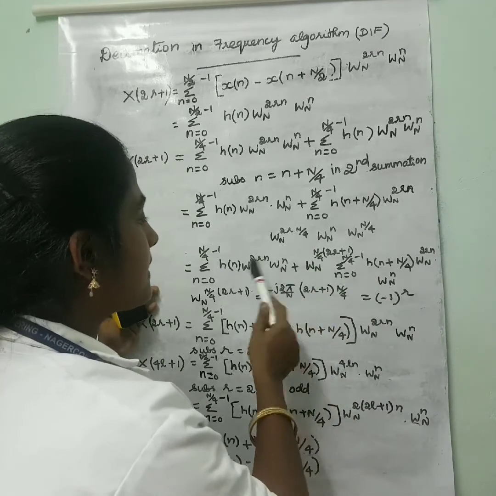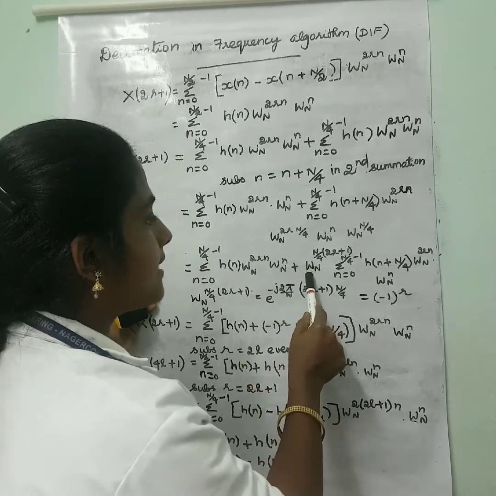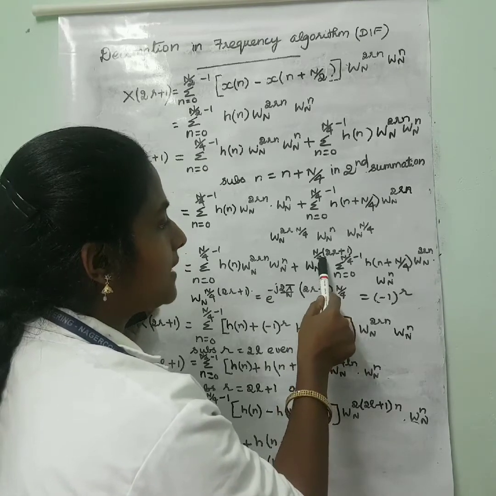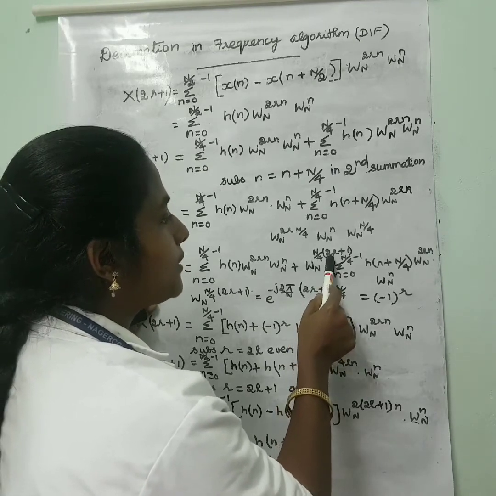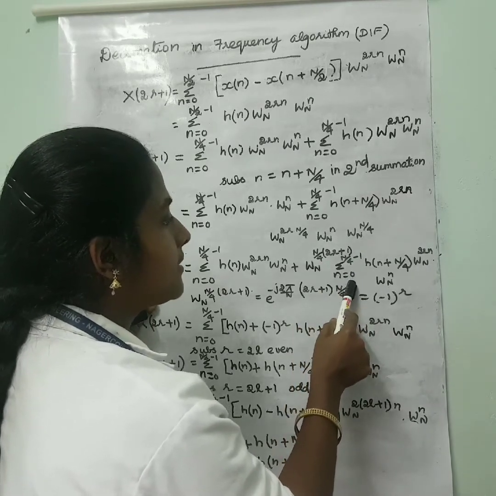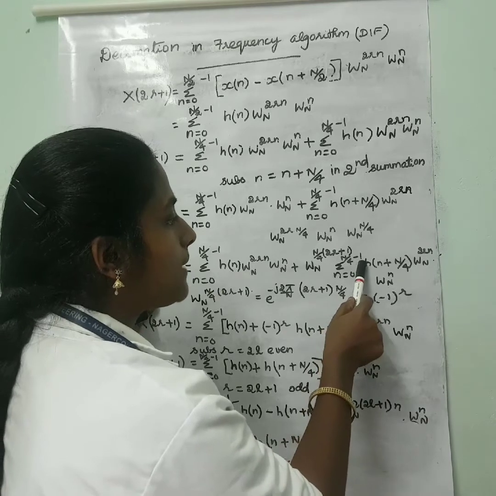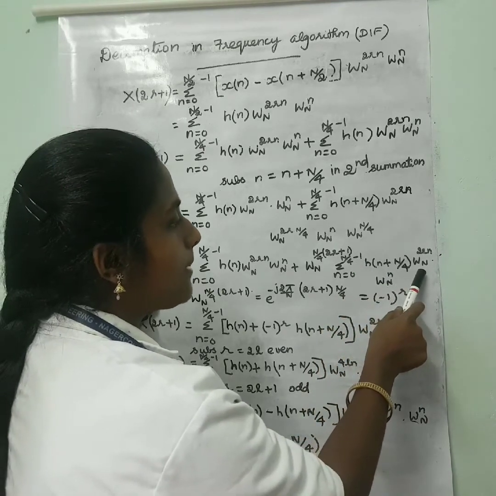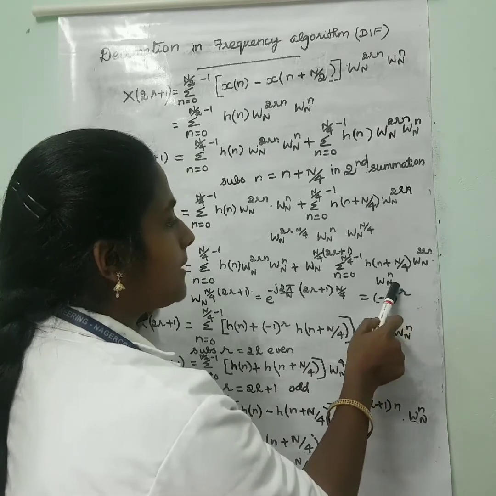You will get in the next equation W_N power N by 4 into (2r plus 1) into summation n is equal to 0 to N by 4 minus 1 of h of n plus N by 4 into W_N power 2rn into W_N power n.